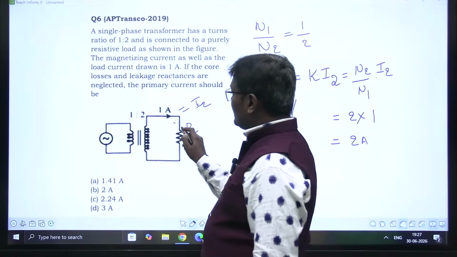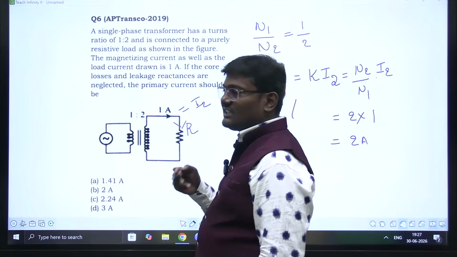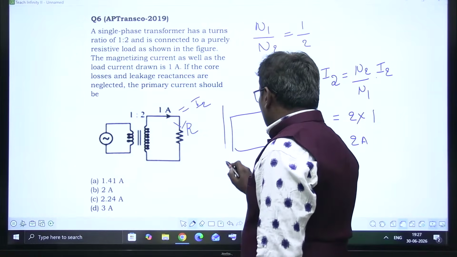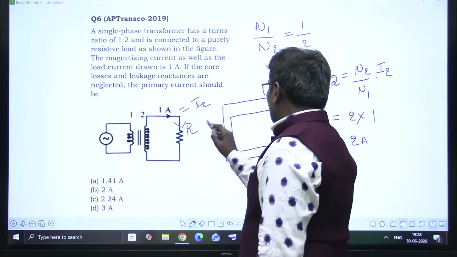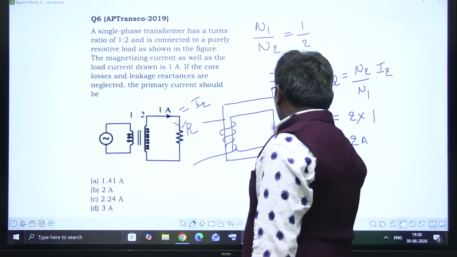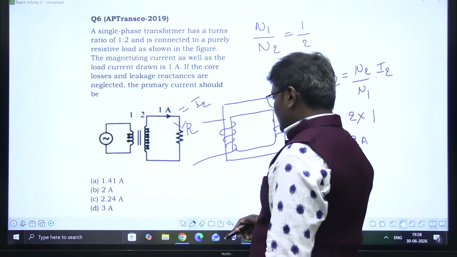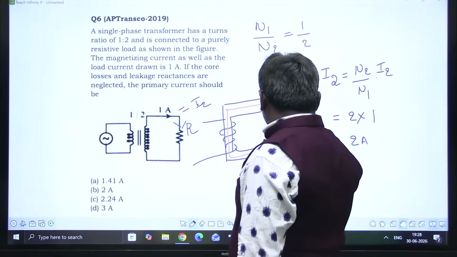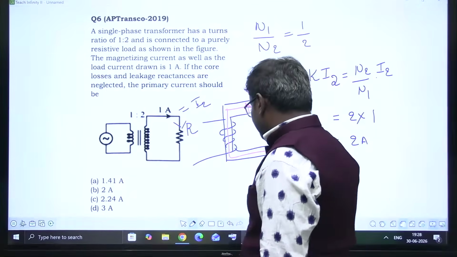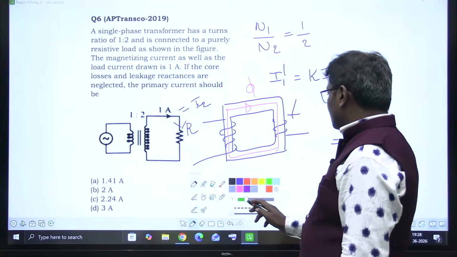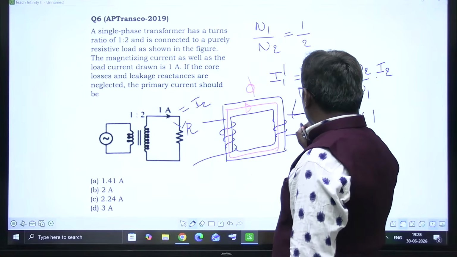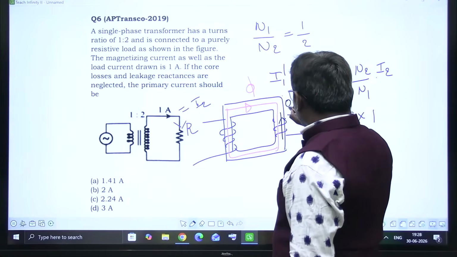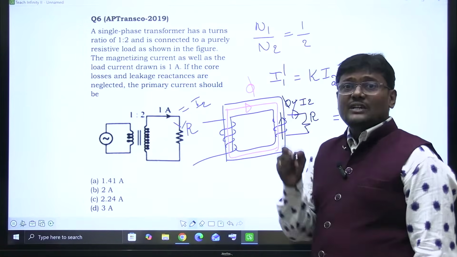When the transformer is loaded, load current flows through the load and produces a secondary MMF. This is called the main field flux. But obviously an opposing flux will be created to satisfy Lenz law.